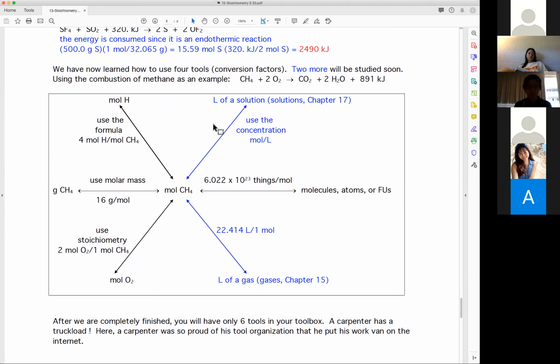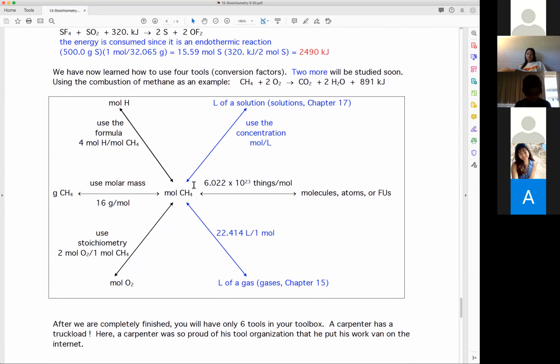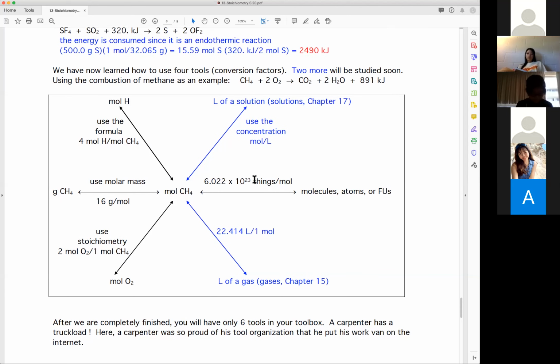And at the end of unit 3, I showed you that we had these conversion factors going from grams of something into moles of something and back and forth, right? That's the molar mass. We went from moles of something into molecules or atoms or formula units of something using Avogadro's number.